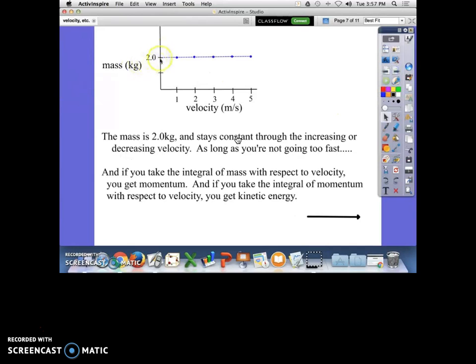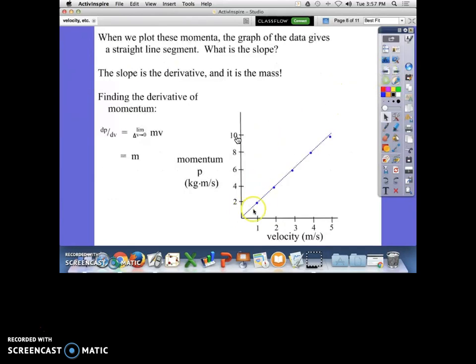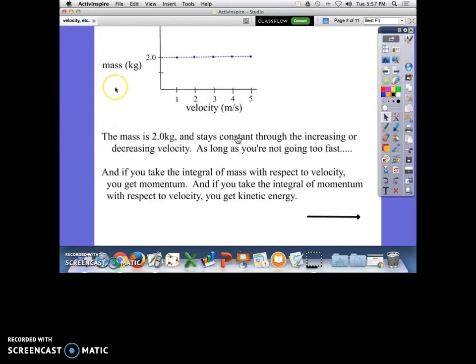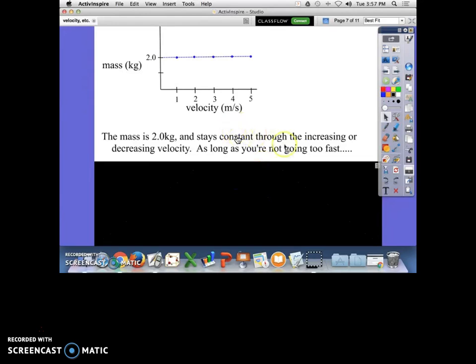And as you plot that data for this slope, this slope, this slope, this slope, and this slope, you get the same slope every time. So you get the same mass every time, which is 2, 2, 2, 2, 2, which is fortunate because the mass of this does not change. So the mass is 2 kilograms, and that stays constant through the increasing or decreasing velocity, as long as you're not going too fast. In other words, as long as you're not near the speed of light, this works.